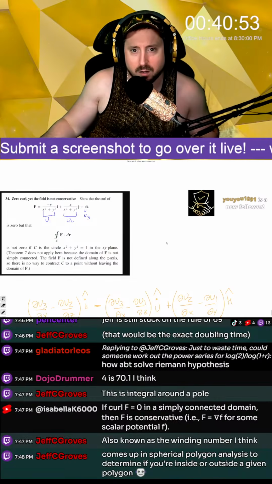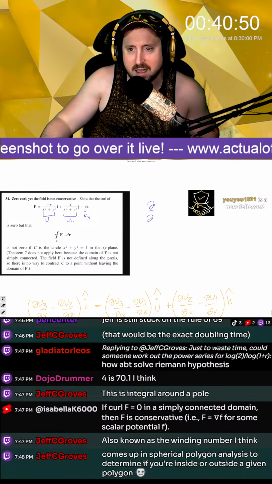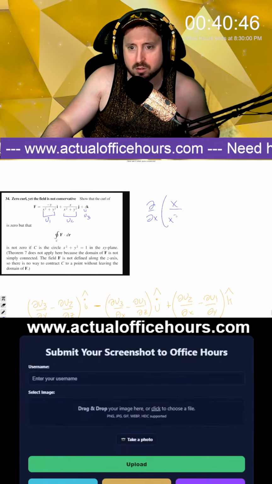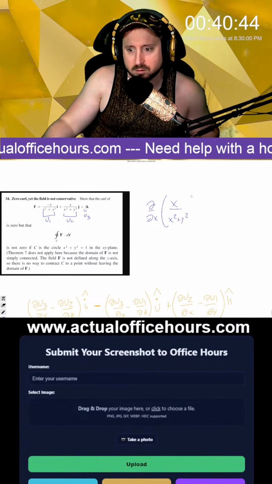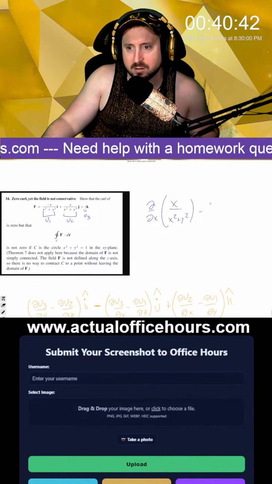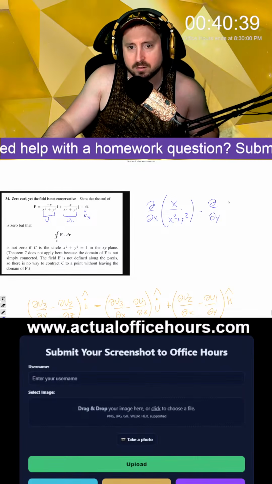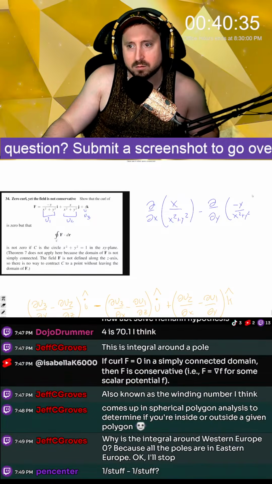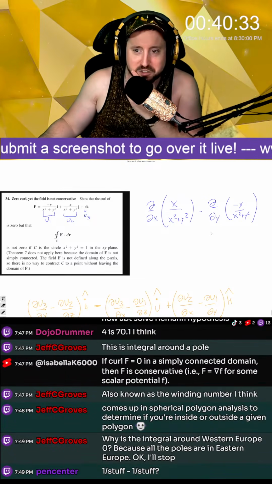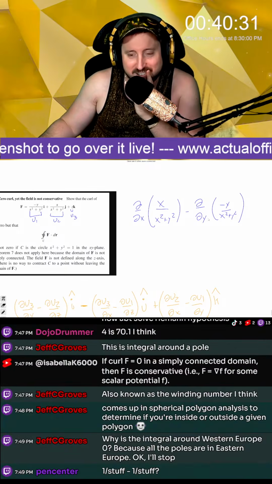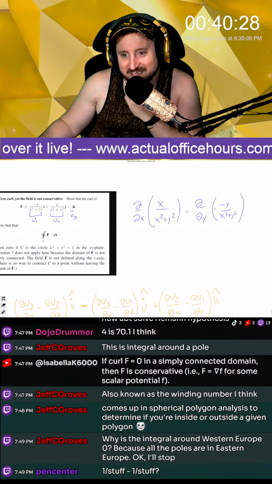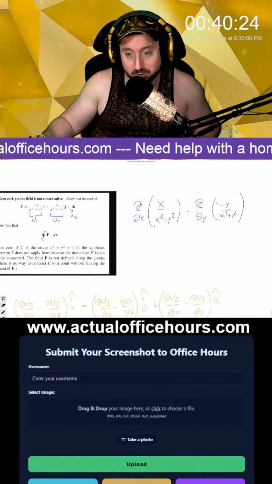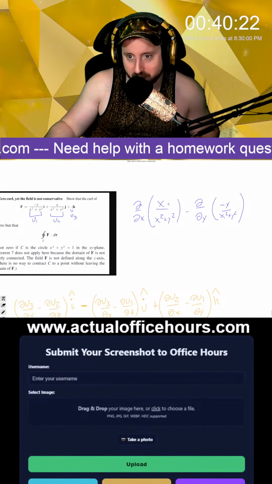Okay, so d/dx of x over x squared plus y squared, minus d/dy of negative y over x squared plus y squared. Is that equal to 0? I guess I can do the quotient rule, right? Because these will have the same denominators.